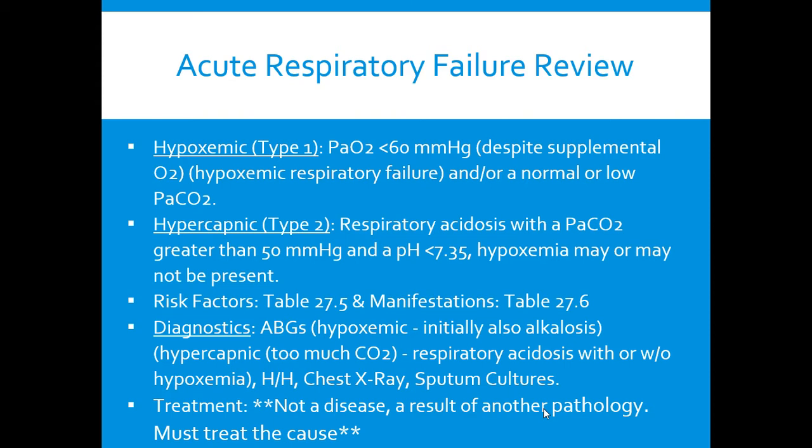Hypoxemic respiratory failure is characterized by a PaO2 less than 60 millimeters of mercury despite supplemental oxygen, with a normal or low PaCO2. With hypoxemic respiratory failure, gas exchange and oxygenation do not occur because there is a VQ mismatch. Lungs are adequately ventilated but not perfused. Think of a PE.